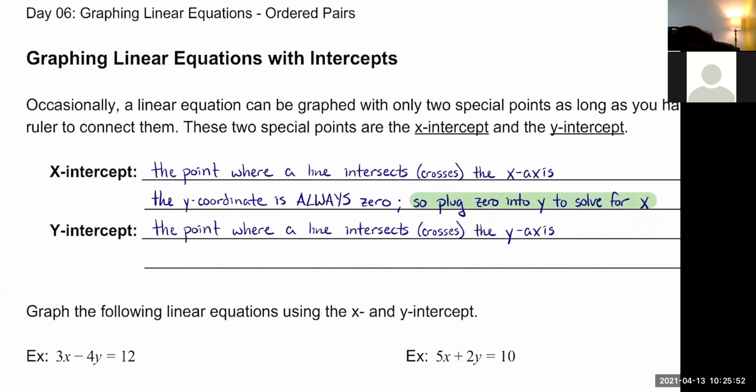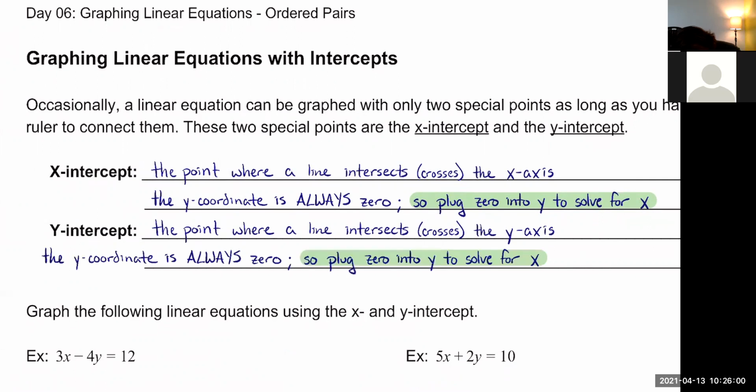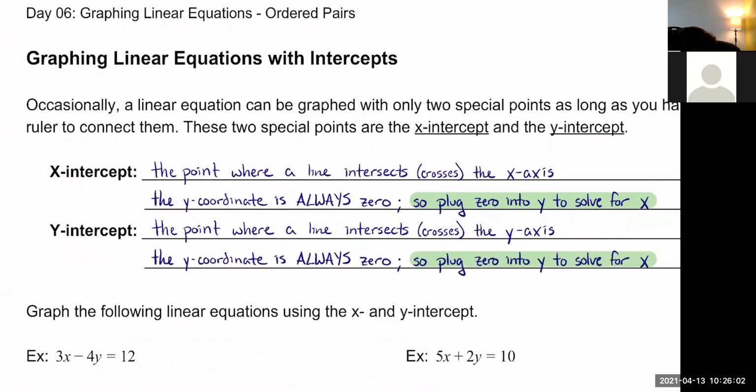Now, guess what's true about y-intercepts? The exact opposite. So I'm cheating again. It's not the y coordinate that's always 0. It's the x coordinate that's always 0.